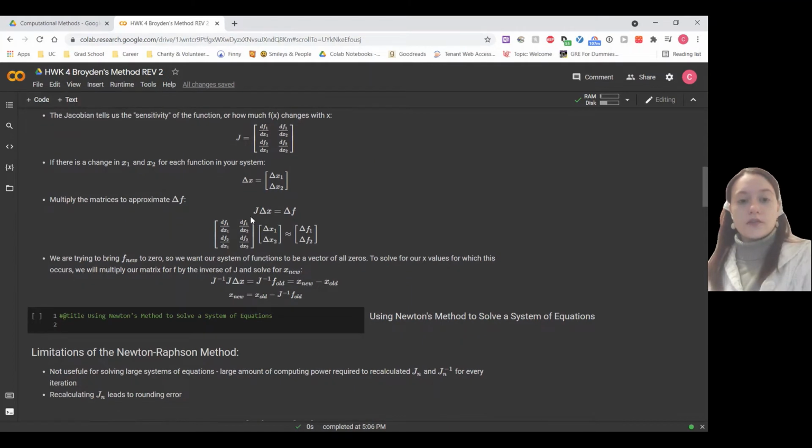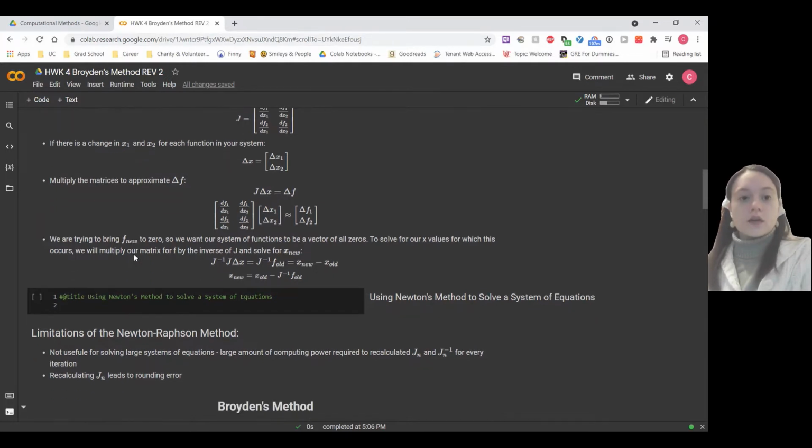So once we have this, Jacobian times delta x is approximately equal to delta f, which is also known as the secant function, we then want to bring our updated f value to 0. So basically we want our system of functions to be a vector with all zeros.